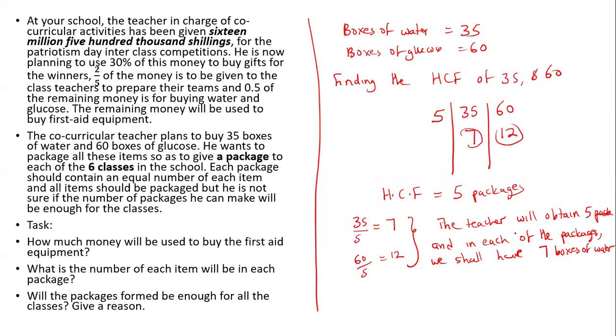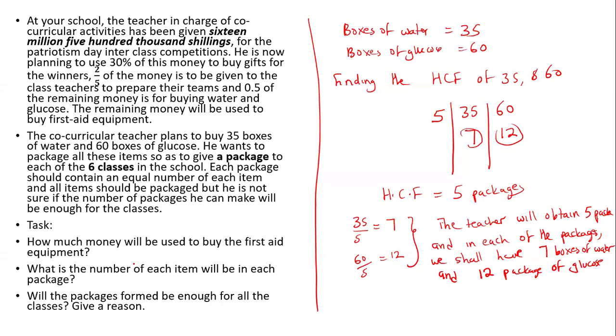And in each of the packages, we shall have 7 boxes of water and 12 packages of glucose. So that is how you can make your conclusion. Each package will have 7 boxes of water and 12 packages of glucose.